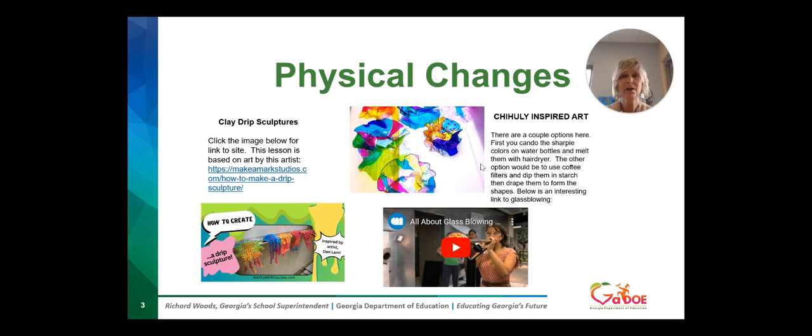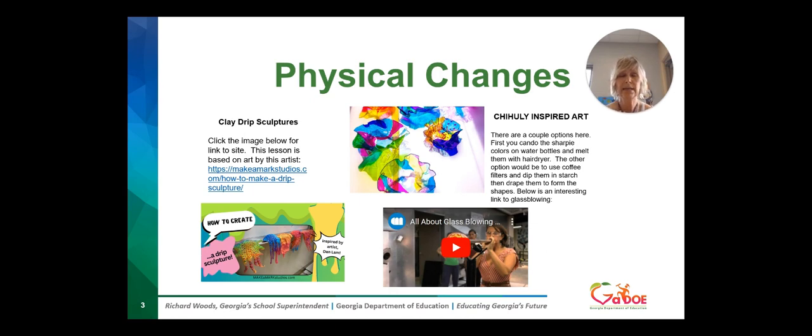All right, the other is Chihuly-inspired art. There are a couple options here. The first one would be you've done the water bottles where you color on them with Sharpie and then melt them with the hairdryer. The other option would be to do something similar, but using coffee filters and coloring on those, dipping them in starch and then draping them to form the shapes.